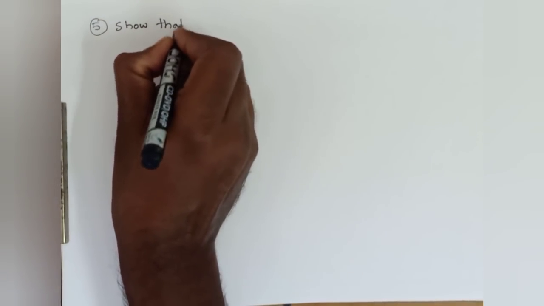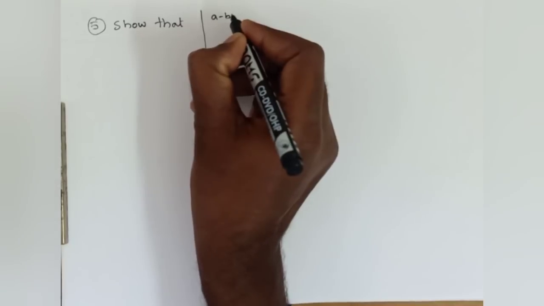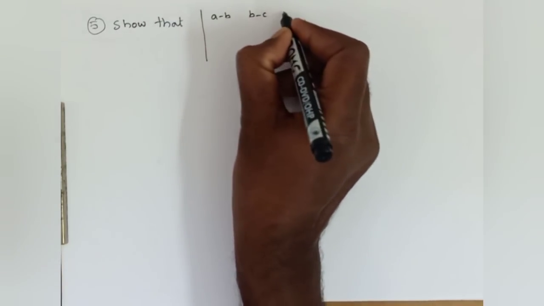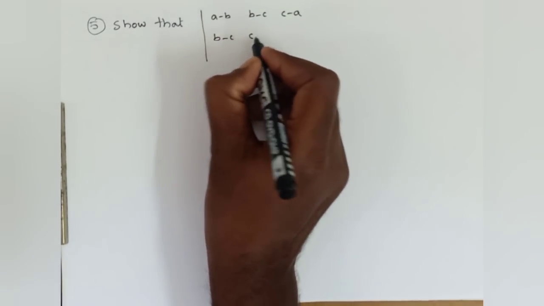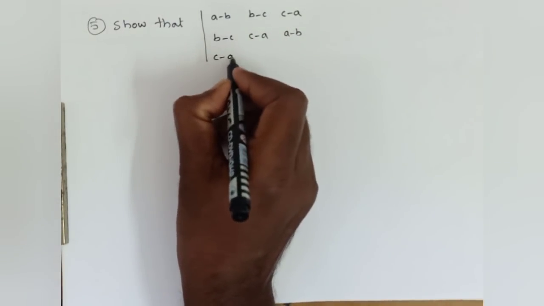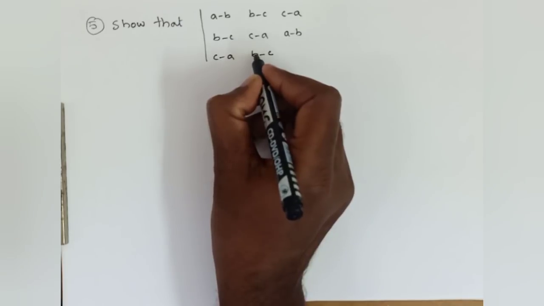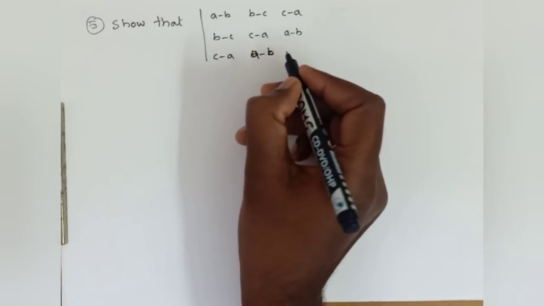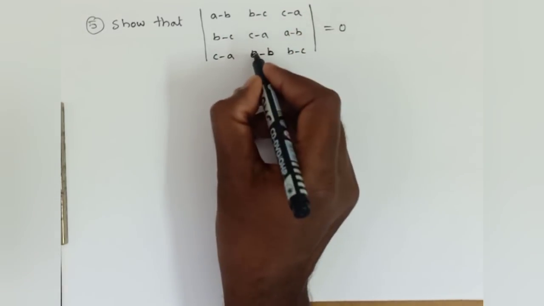Next, show that the determinant of the matrix with rows A minus B, B minus C, C minus A; B minus C, C minus A, A minus B; C minus A, A minus B, B minus C is equal to 0.